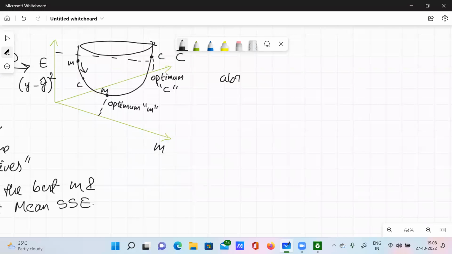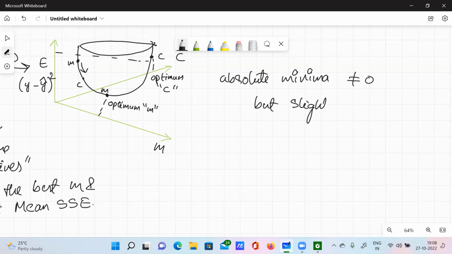See, I'm writing here. The absolute minima is not equal to 0, but slightly greater than 0.